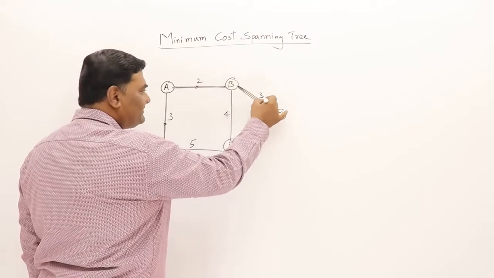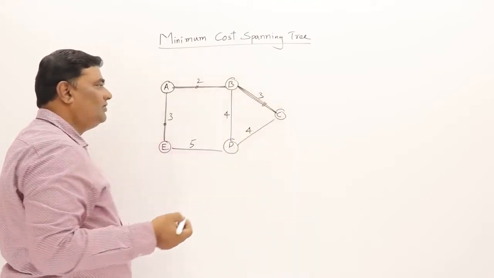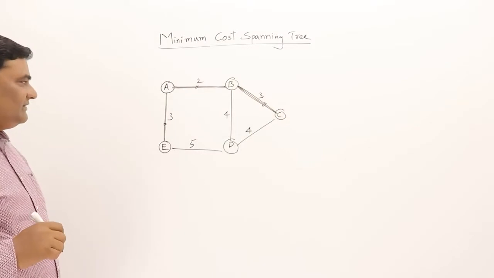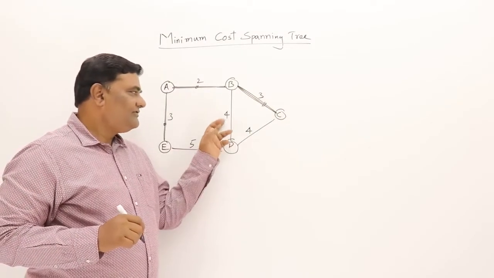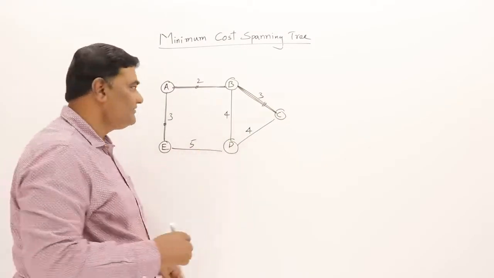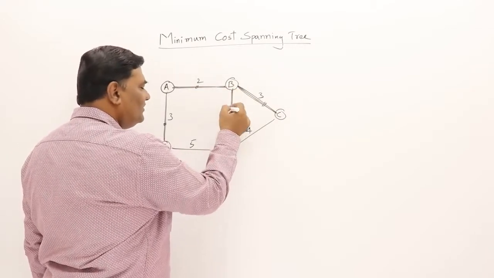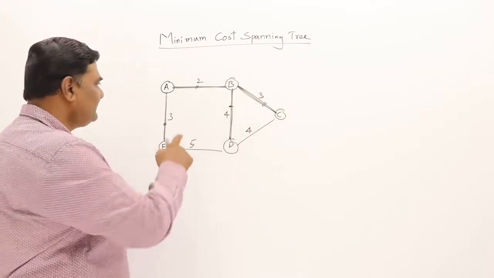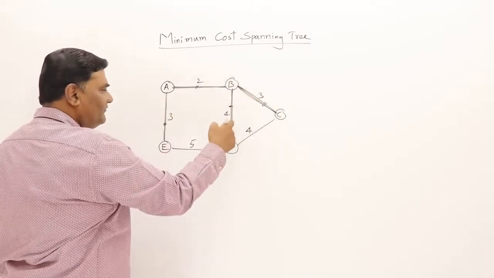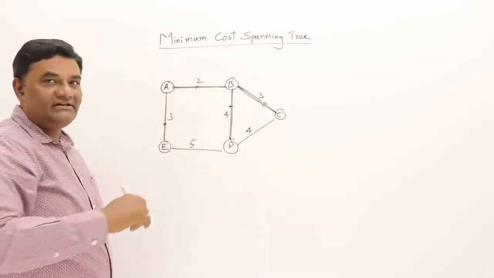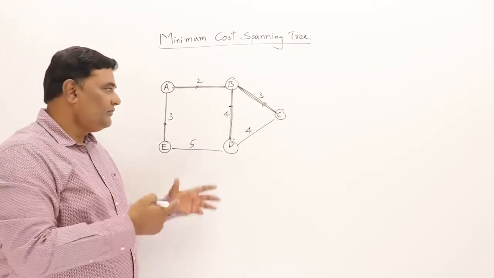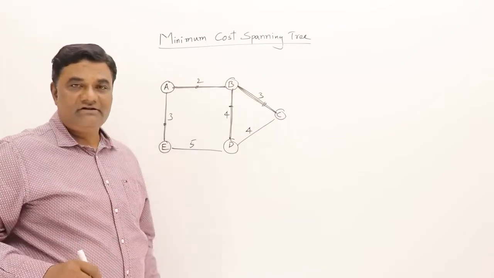Is the inclusion of this one forming a cycle? No, so I'll select that one. Then the edges 4 and 4 are there, so I can select any one. I'll select this one. Will this form any cycle? No. So how many edges have I selected in total? 1, 2, 3, 4. And how many vertices are there? 5 vertices, so 4 edges are selected. That's how I got a spanning tree.